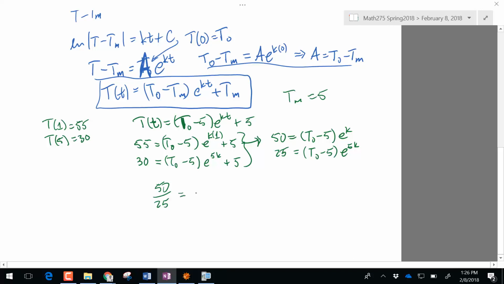So this is what? Is that what we're saying? And then I suppose we can just say this is 2 is equal to e to the minus 4k. Is that 4?